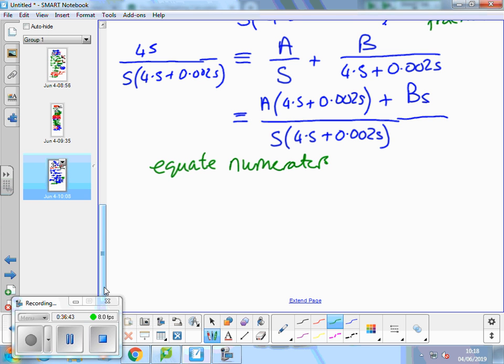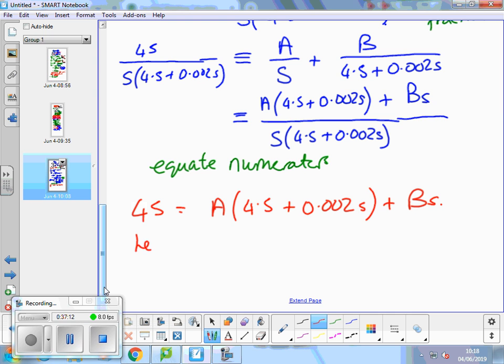So we go 45 is equal to A times 4.5 plus 0.022 s plus Bs. Let s equal 0.